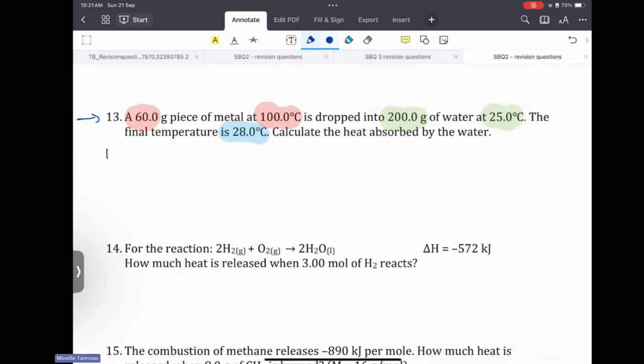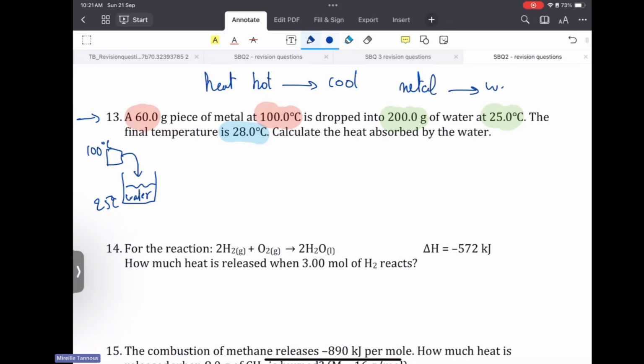So you have a piece of metal that was at 100 degrees Celsius and you dropped it in water. The temperature of the water was different. So the heat is going to always flow from hot to cool. It means that the heat is going to flow from the metal to the water.